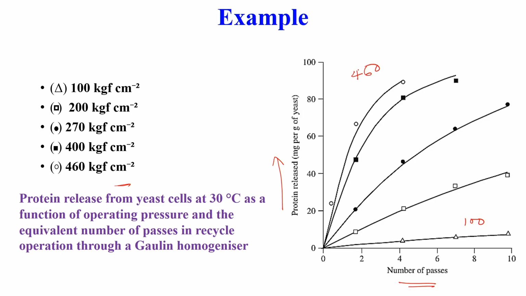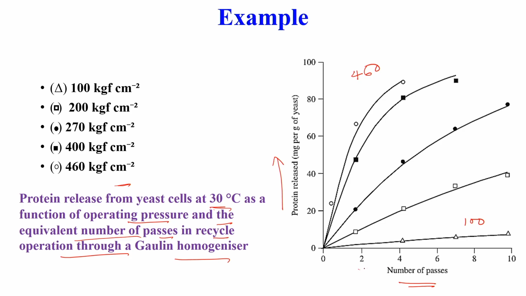If you increase the pressure, the rate of release has increased and also the amount has increased. So, what it says is the protein released from yeast cell at a given temperature is a function of operating pressure and equivalent number of passes in recycle operation through the Gaulin homogenizer.